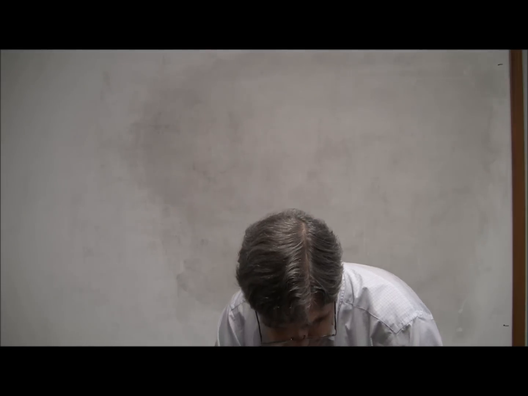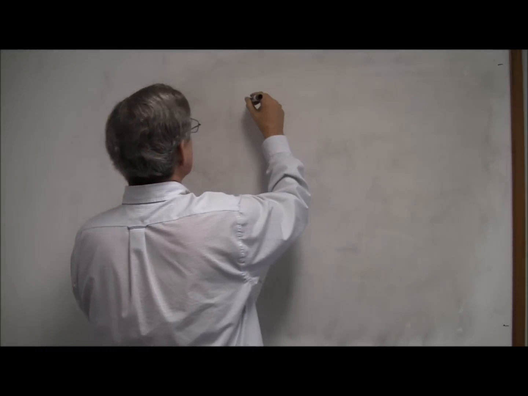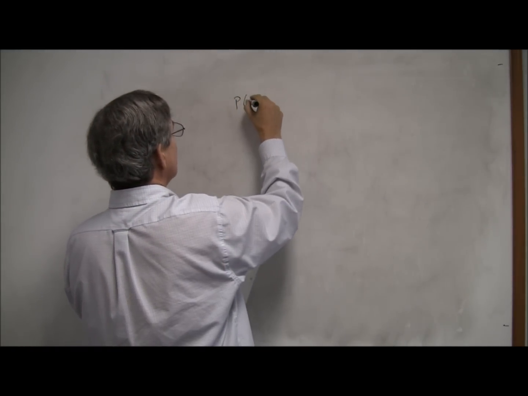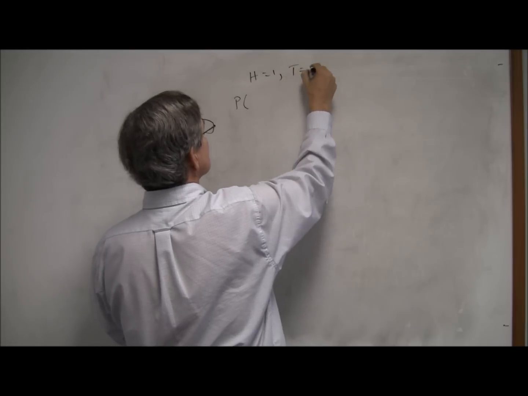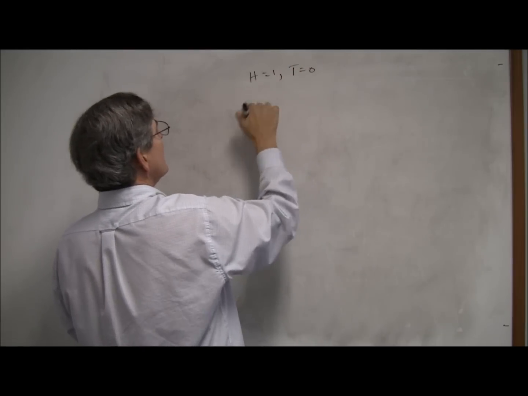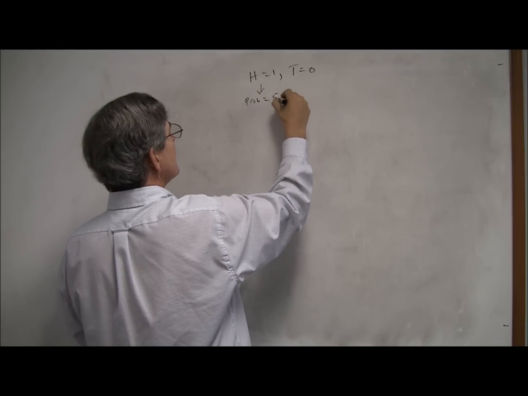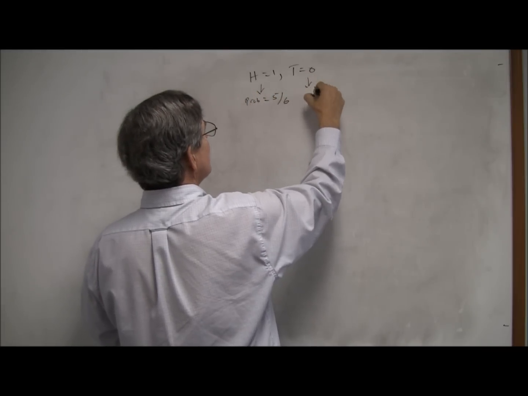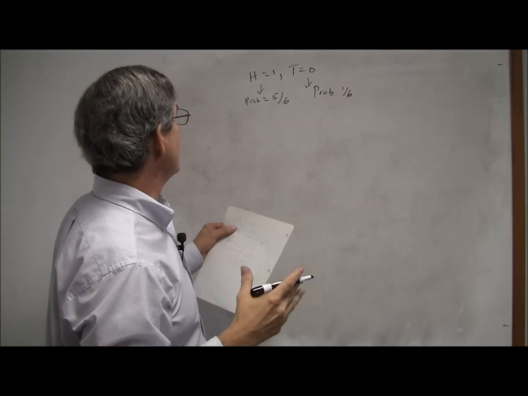Suppose the probability of a head equals 1, tails equals 0. I'm going to take the unbalanced case: this probability is 5/6, and this probability is 1/6. So this is the unbalanced coin.